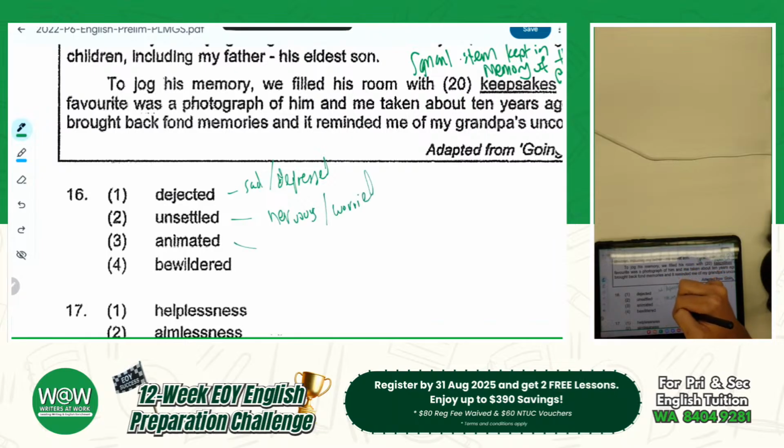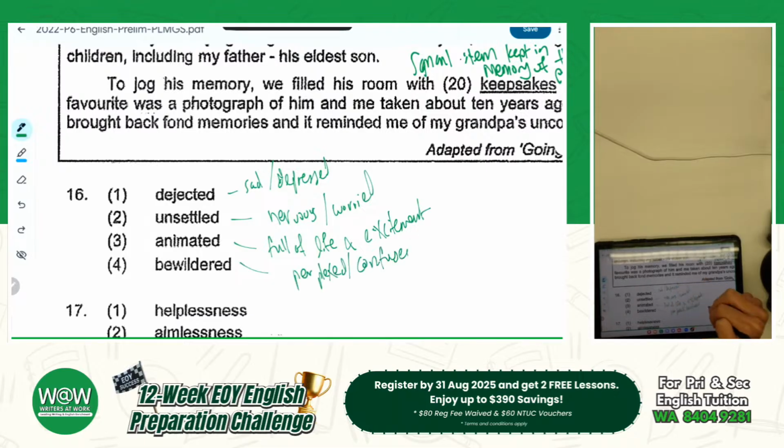Animated means that you are full of life and excitement. Okay, and bewildered means that you are perplexed and confused. Okay, and the closest answer we have here is number 4, because of the word confused, which means that you don't know what is happening.